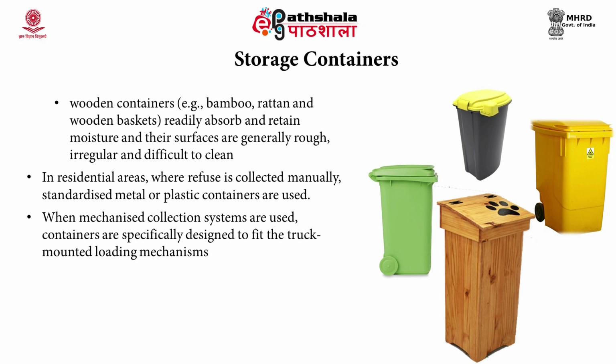In a mechanized collection system, you don't need a person to collect the waste from the storage container and transfer it into tricycles or other trucks. This is automated, where the containers can be directly fitted into a truck and overturned so that the waste gets emptied into the compactor trucks.